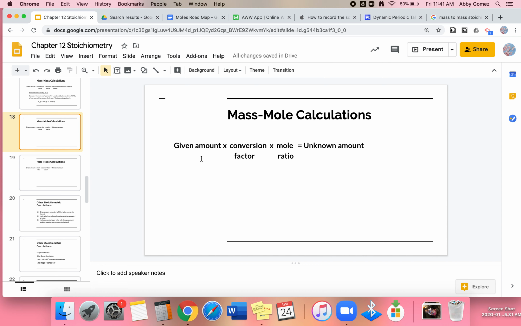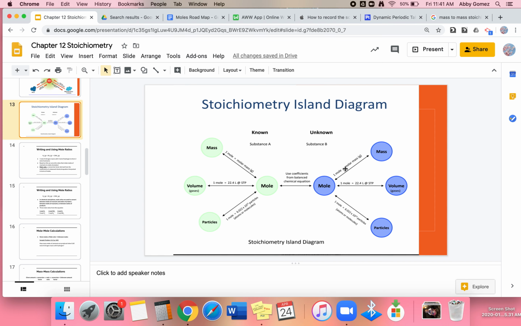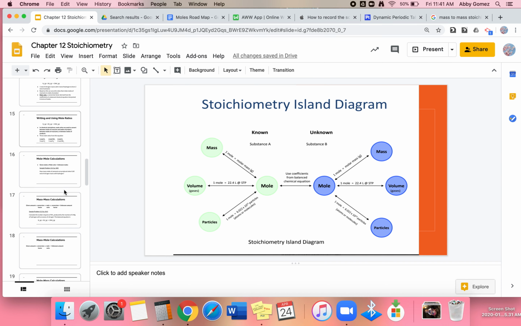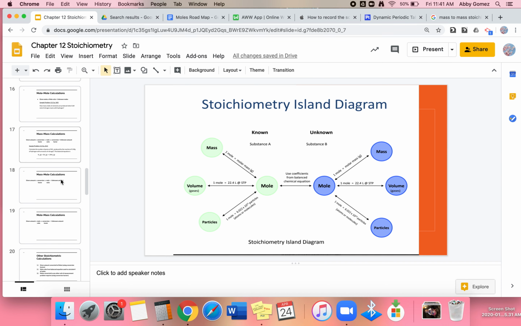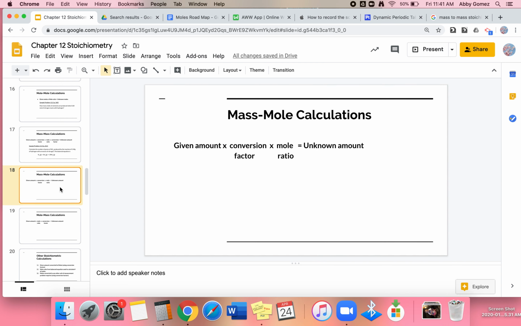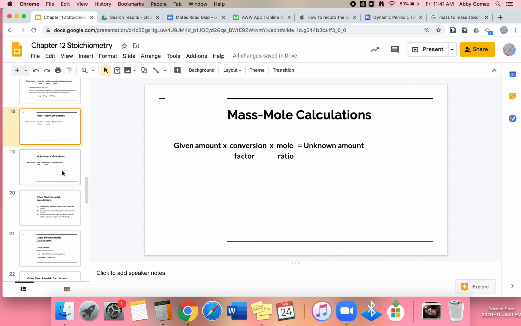So you've been given grams of something, you're going to convert it to moles of that substance, and then you can convert it to moles of the second substance. So you're not going all the way to the end. You're going from mass of one to moles of it, and then to moles of the second substance. You do not do that last piece. All right? And that just depends on what the problem is asking you to find. So this would be an example of that.